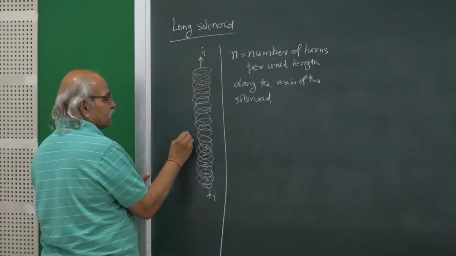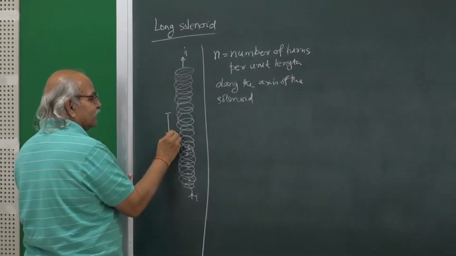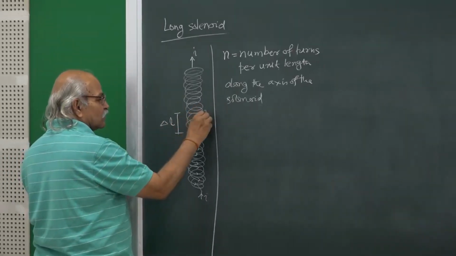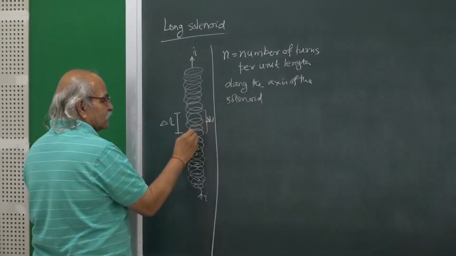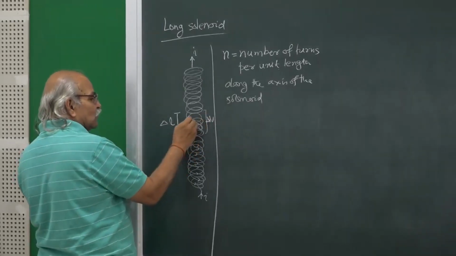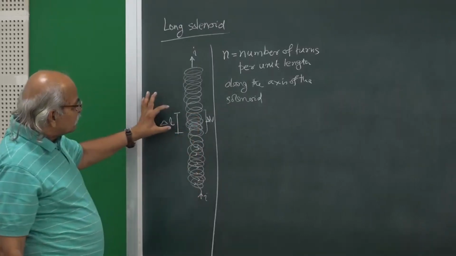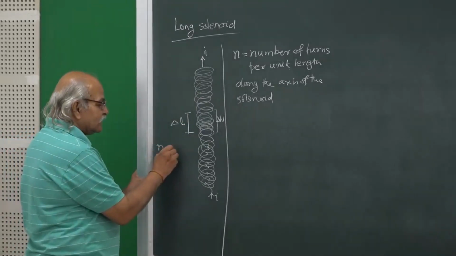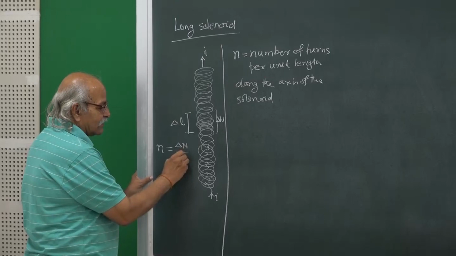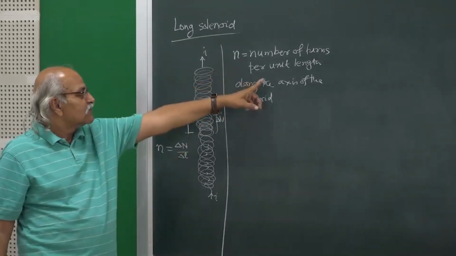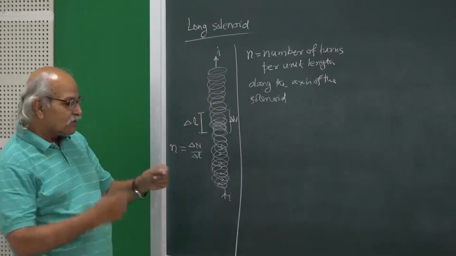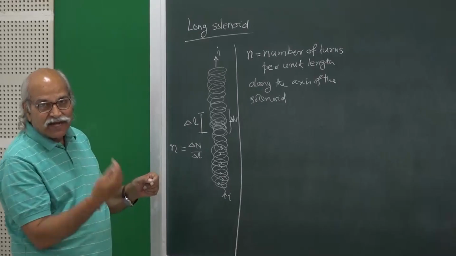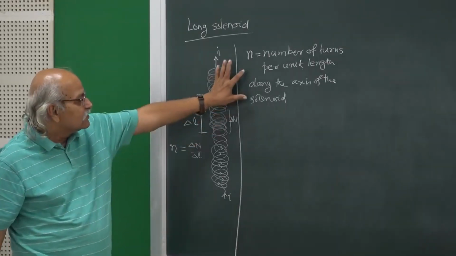If this length is delta L, and the number of turns in it is delta n, that is 1 turn, 2 turns, 3 turns, 4 turns, 5 turns, then small n is delta n over delta L. Unit length means not the length of the turns or the length of the wire, it is the length along the axis. So that is n.